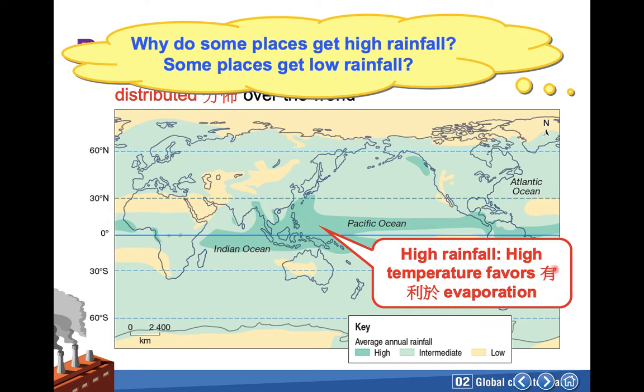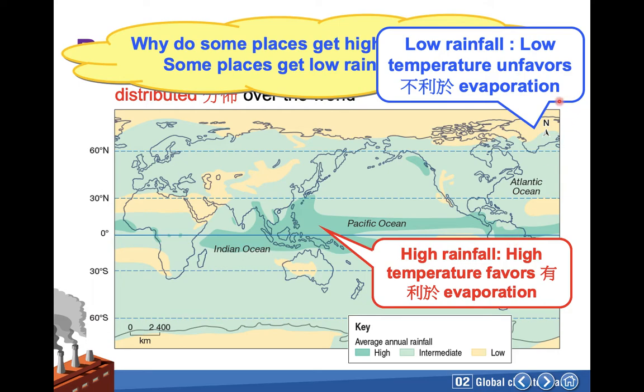So the water will become clouds, and then they will have rain. While for places away from the equator, that means higher latitude areas, they have a lower annual temperature, which is not good and does not favor evaporation. That means they have less cloud and less rainfall.